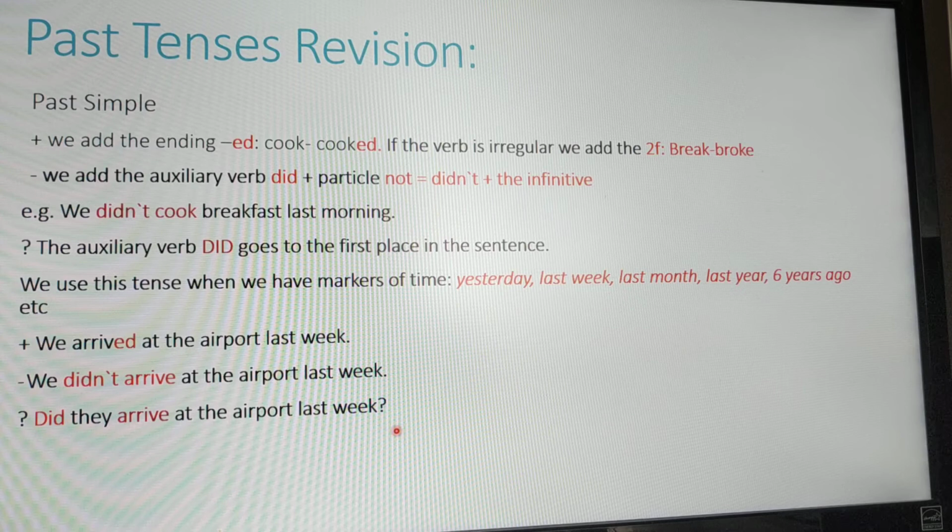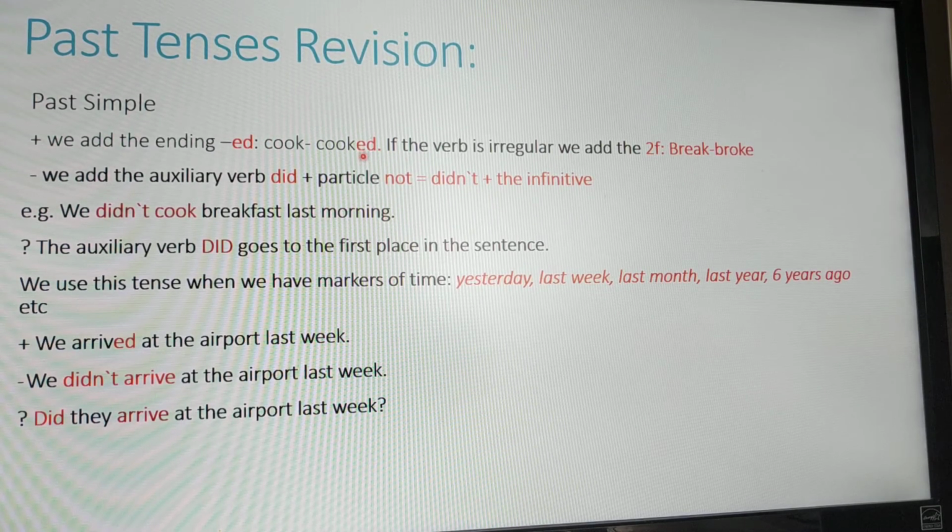Let's recall the rule. So, into the positive, we add the ending ed to the basis of the verb. Here we have the verb cook. In order to make it in past simple, we add ed. So we get cooked. If the verb is irregular, we add the second form.